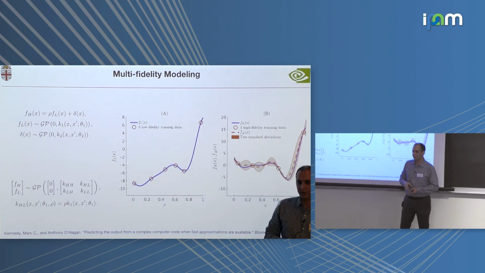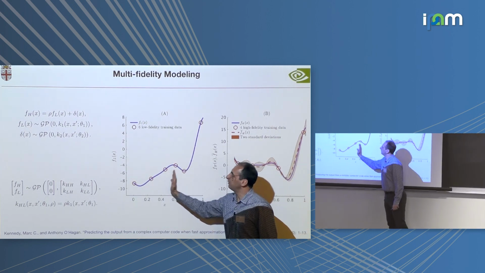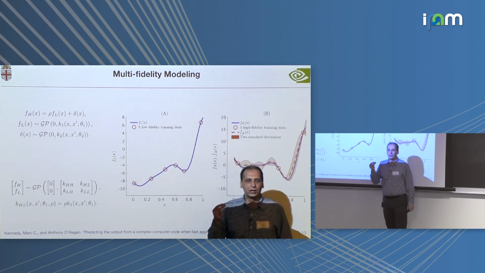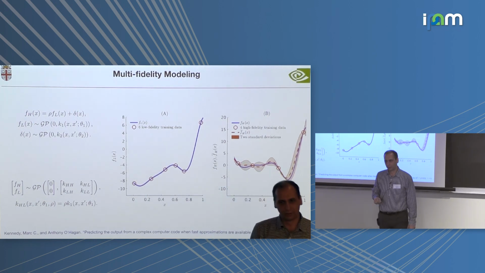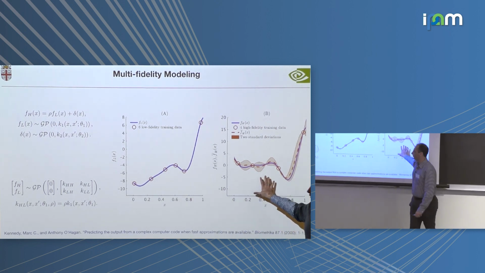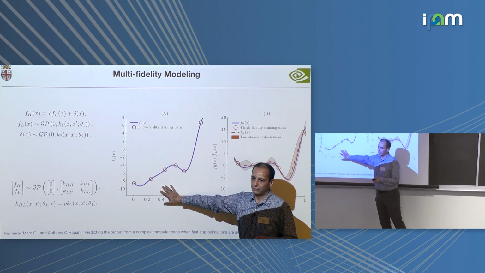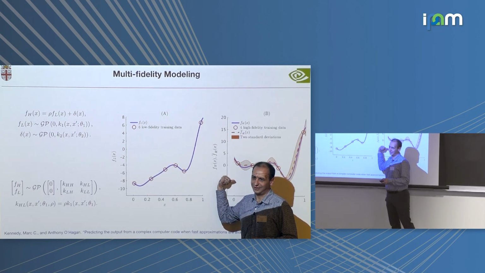And I'm going to do this exercise. We are going to keep adding data on the low fidelity, basically running the cheaper solver without adding any data to the right side. And we keep adding data there. And I want you to focus on the right side.